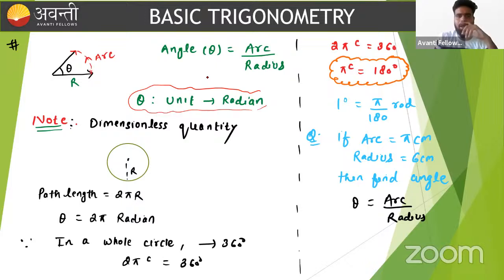Okay, and how is angle defined? Suppose we change the direction, then this length is nothing but part of a circle that is known as the arc, and theta is defined as arc upon radius. So theta has the unit radian, and we have to know that the radian has no dimension, so it is a dimensionless quantity.